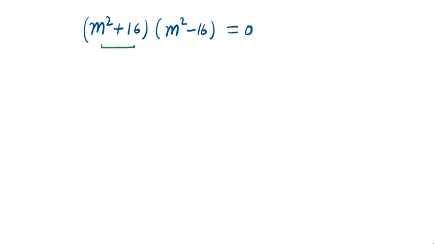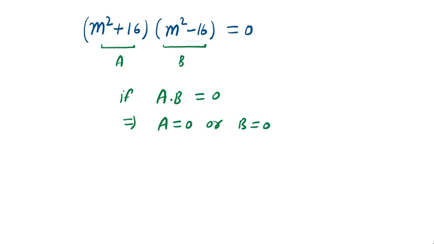Suppose this term is a and this term is b, and we know that if a times b is equal to 0, this implies a is equal to 0 or b is equal to 0. According to this rule we can write here m square plus 16 is equal to 0 or m square minus 16 is equal to 0.